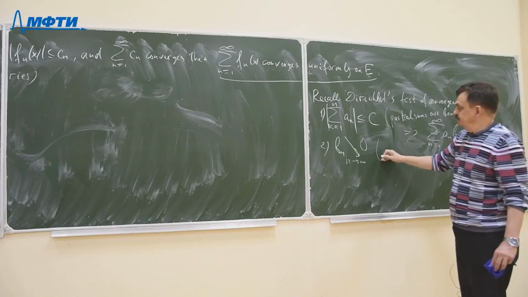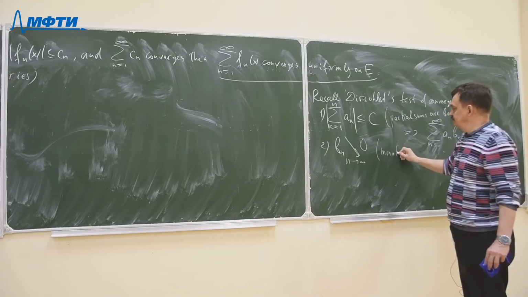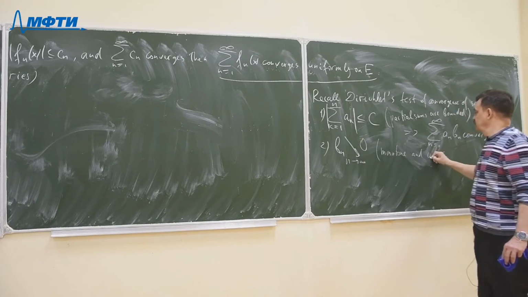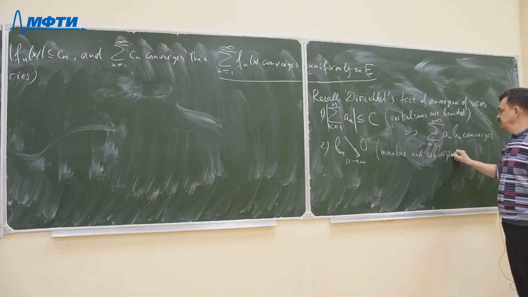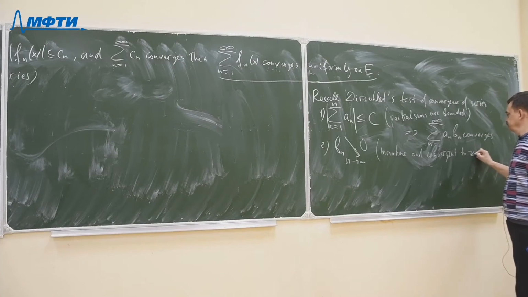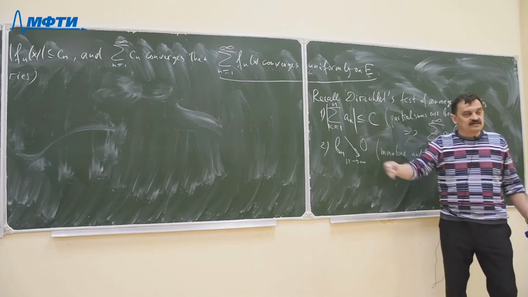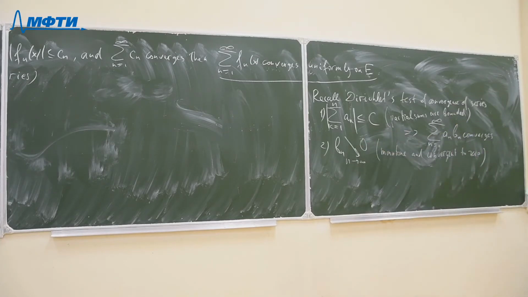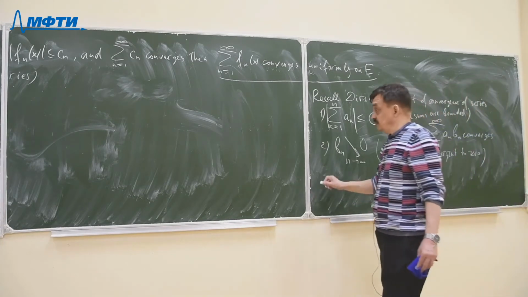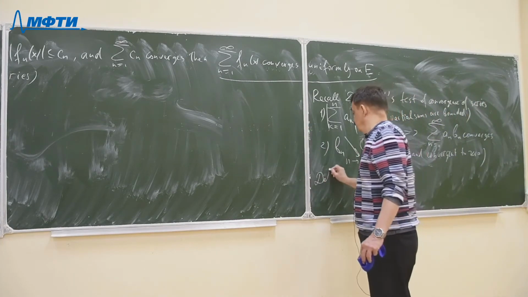And here, monotone and convergent to 0. So where can we insert the word uniform? Of course, here. And then we need what is uniformly bounded. So we know what it means for a sequence to be bounded, right? So let me formulate it before finishing the theorem.